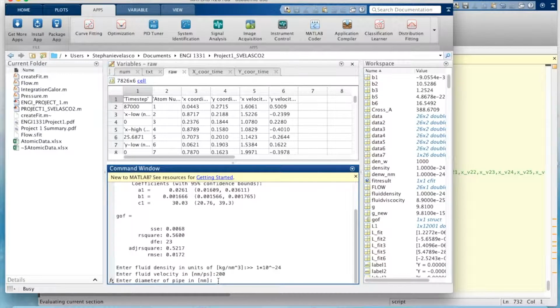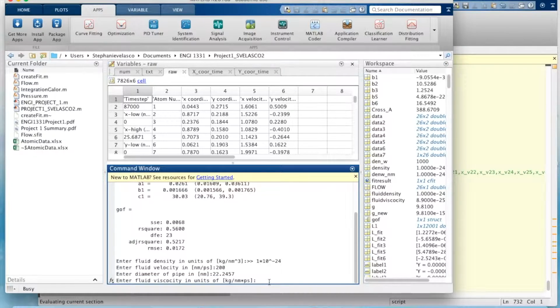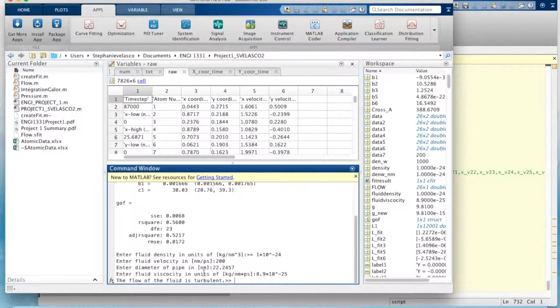And the diameter of the pipe is the same. And the fluid viscosity will also be 8.9 times 10 to the negative 25. As you can see here, if the velocity is high, we get turbulent flow, which we want to avoid.